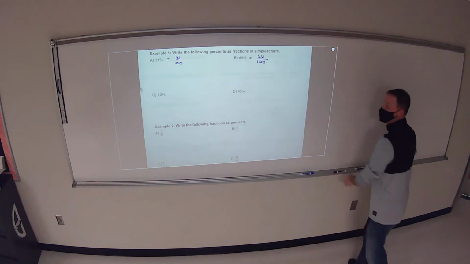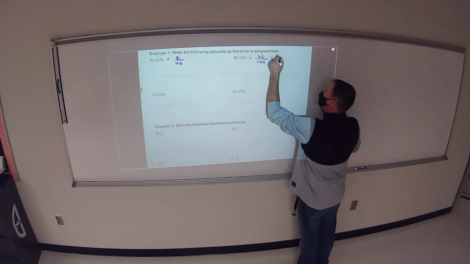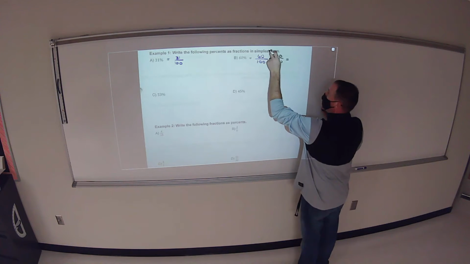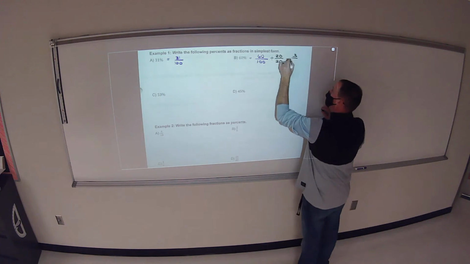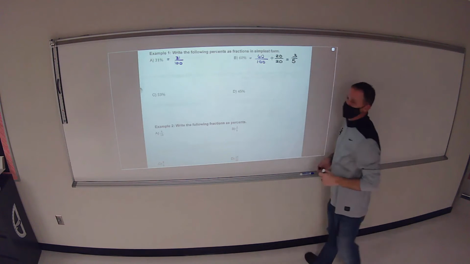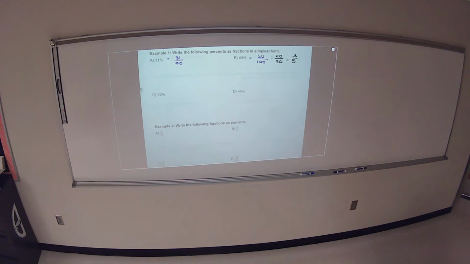So just like we've done with the equivalent fractions, we're going to divide the top by 20. We're going to divide the bottom by 20. So 60 divided by 20 is 3, and 100 divided by 20 is 5. So 60%, if I wanted to rewrite this as a fraction, is the same as 3/5.